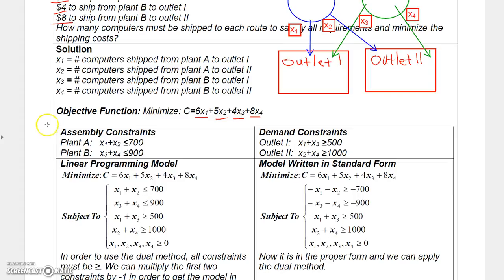Since X1 and X2 represent the computers distributed from plant A, that sum must be less than or equal to 700, and X3 and X4 represent the computers distributed from plant B, so that sum, X3 plus X4, must be less than or equal to 900.